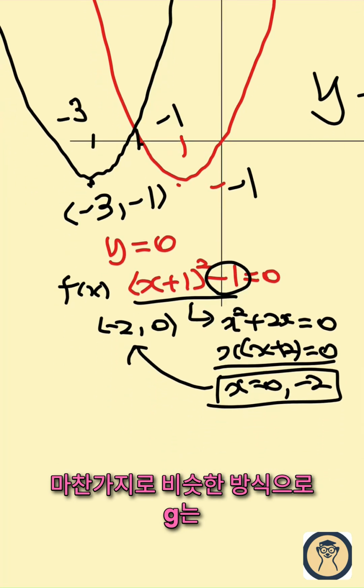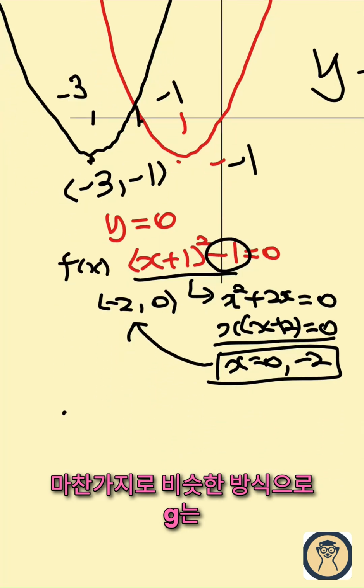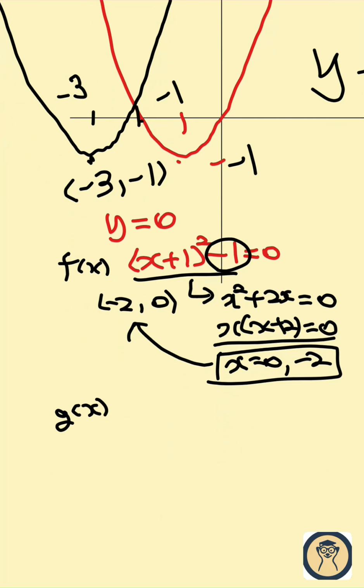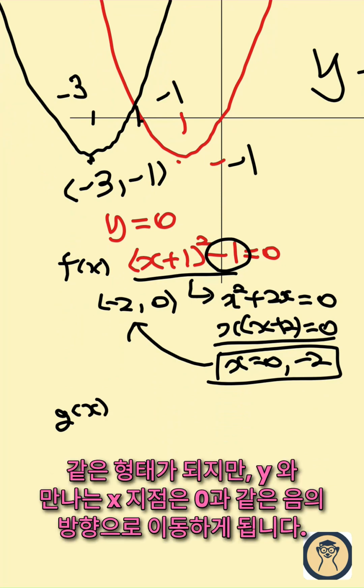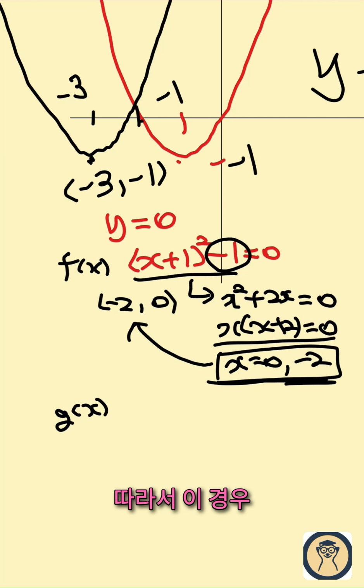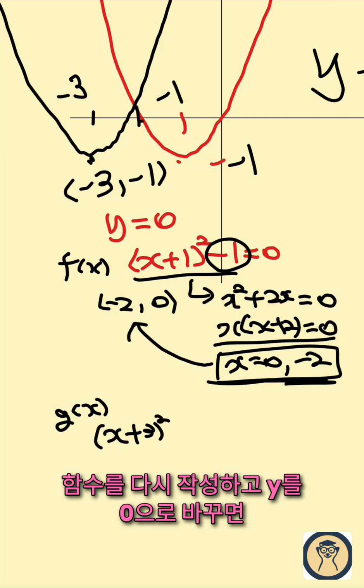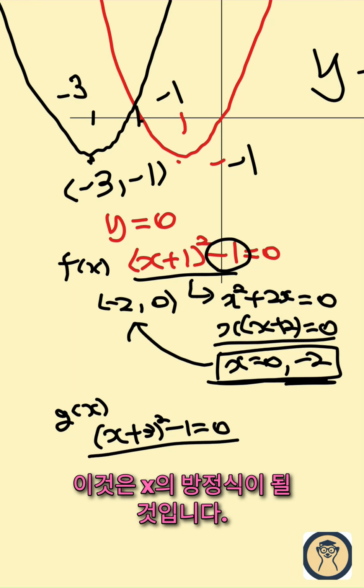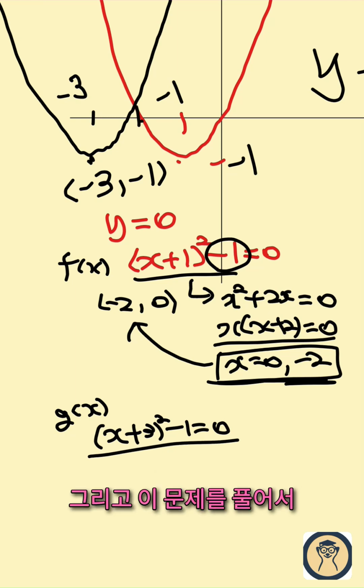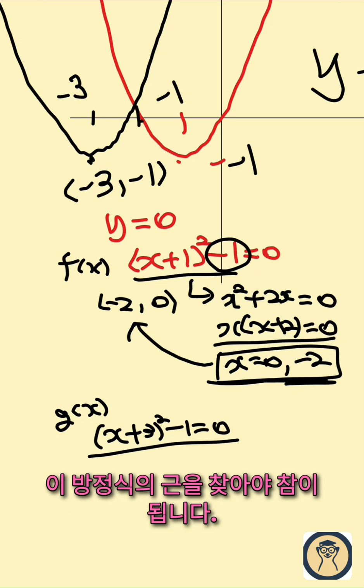In a similar way, g of x is going to be kind of the same, but the x points where y equals 0 will be shifted in the negative direction. So in this case, if we rewrite the function again and set y to 0, then this is going to be an equation of x, and we have to solve this problem to find the roots that make it true.